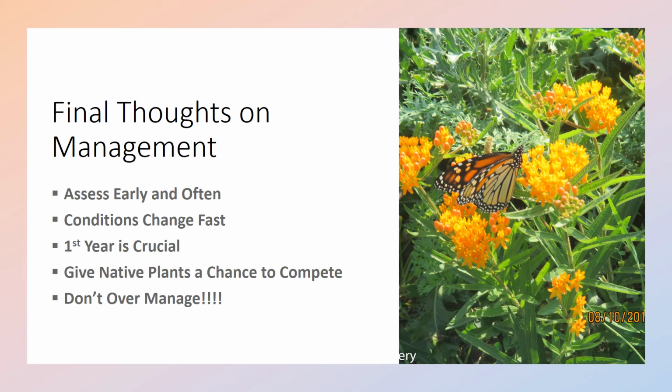Let them work to outcompete it. I see a lot of situations where people come into this and they get so caught up in getting rid of every single undesirable plant that they end up doing more harm than good by damaging the native plants as well. So it's a fine line between eradicating and controlling what you need to, but also allowing the native plants to do what they're meant to do as well.